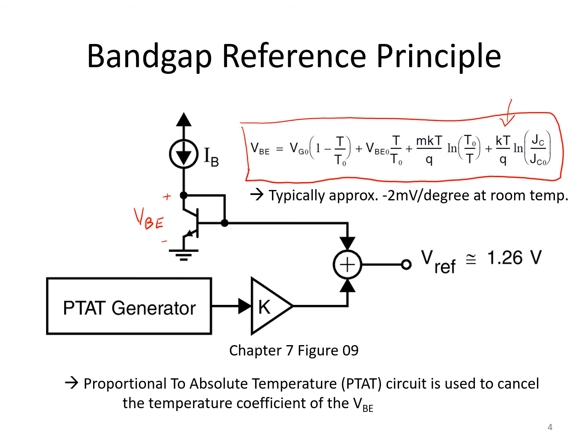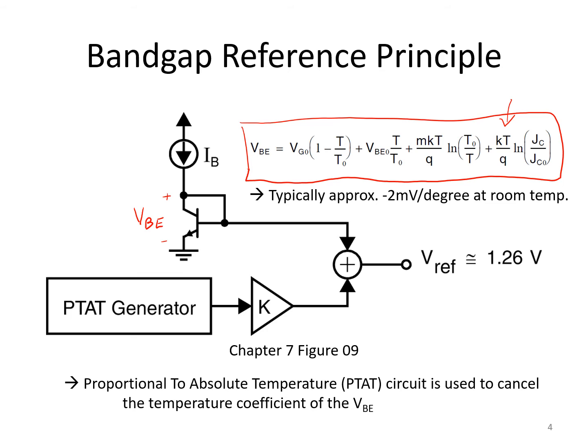So the dependency is complex and it's hidden in many of these terms, but the key point is that at temperatures around our interest, so let's say room temperature, even room temperature plus or minus 50 degrees, there's a negative dependence.